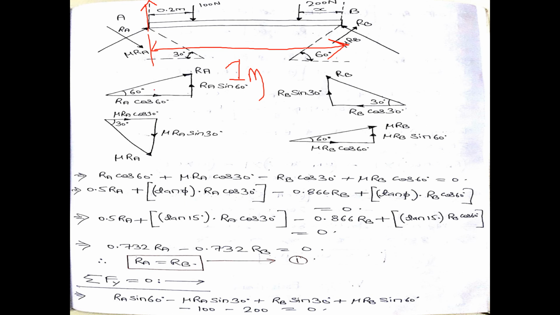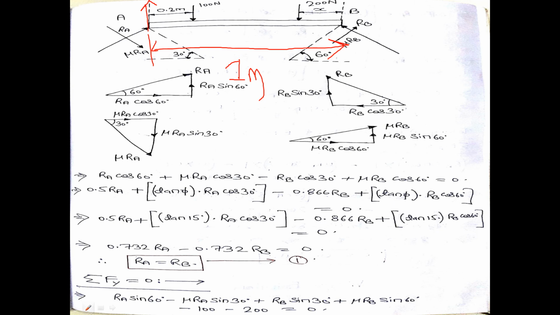So can you tell me whether this RA into 1 meter is creating a clockwise or anti-clockwise moment about point B? Clockwise.